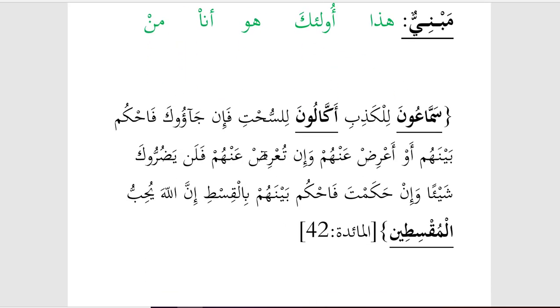Here in Surah Al-Ma'idah, ayat number 42, Allah says, Samma'una lil kadhibi, akkaluna lis-suht. That describes the Jews, who constantly listen to lies and constantly eat bribery or impermissible wealth.